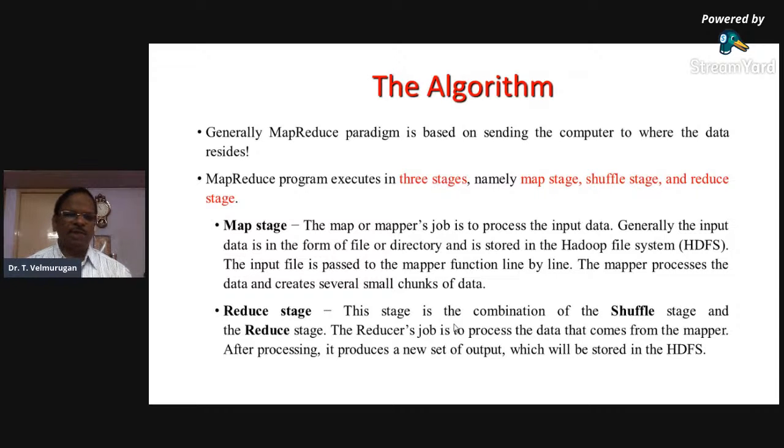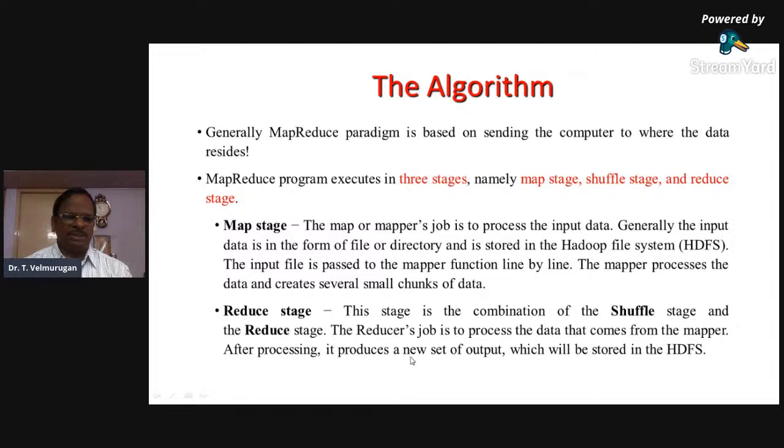which then gives the input to the reducer stage. The reducer stage itself contains the shuffle stage. This stage is a combination of the shuffle stage and the reducer stage. The reducer's job is to process the data that comes from the mapper. The output of the mapper is the input of the reducer.